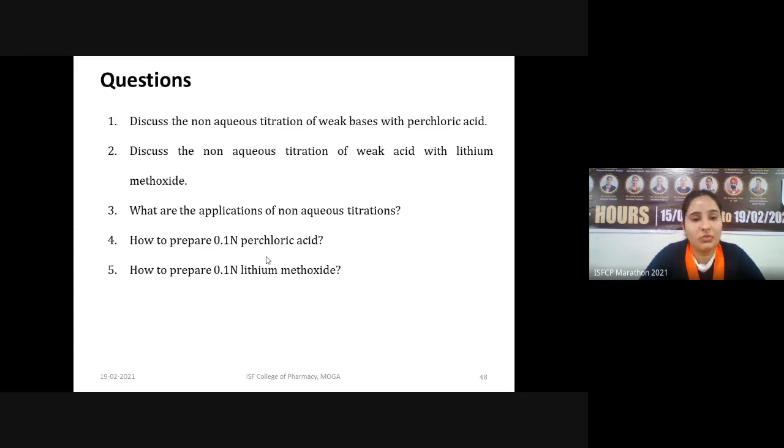If we perform the titrations of weak acid or weak base in water, then water will compete with the acid or the weak base whose quantitative analysis we want to make. So water should be omitted in those reactions, and hence non-aqueous titrations are used.